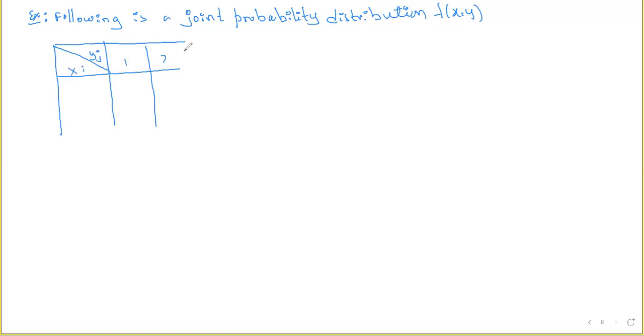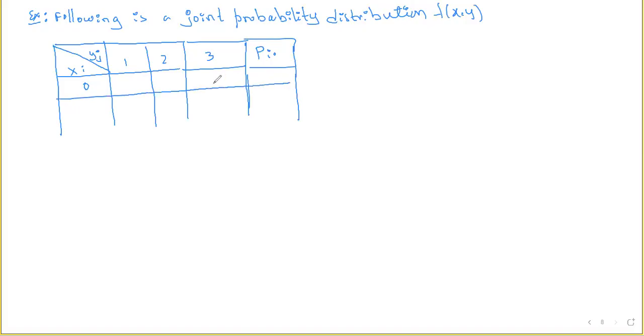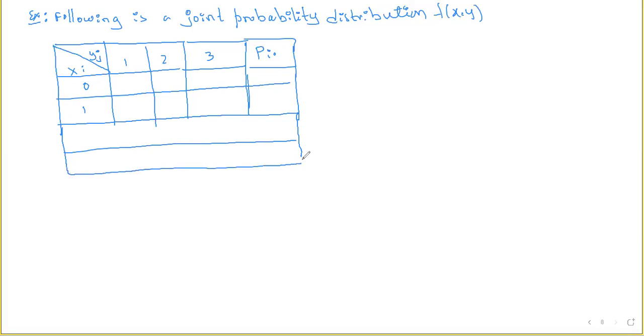Y values 1, 2, 3, and here pi dot, and here X values 0, 1, and X is 2, and here p dot j.